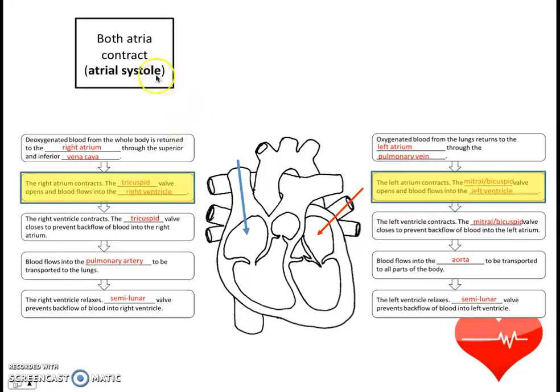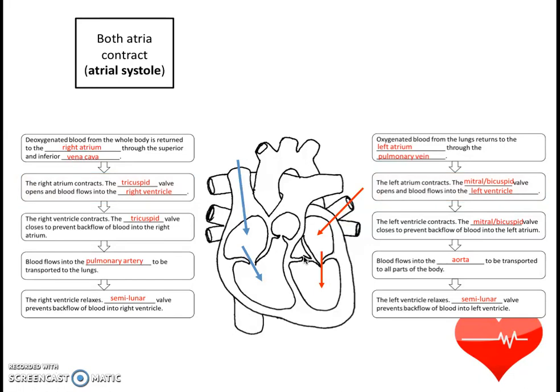We call this phase of the heartbeat the atrial systole. We'll talk more about this in the next video. Systole means contract. So both atria contract together. We call this the atrial systole. Then blood moves from the atria into the ventricles, and this happens together again. Now, the next phase is when the ventricles contract.